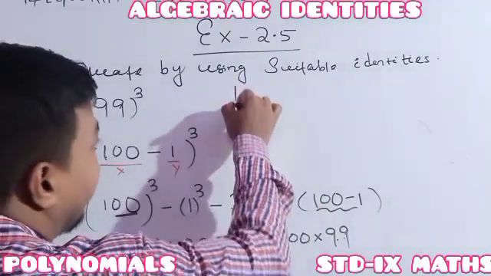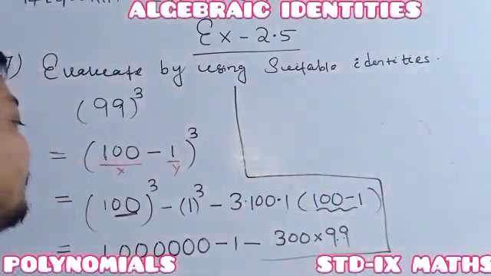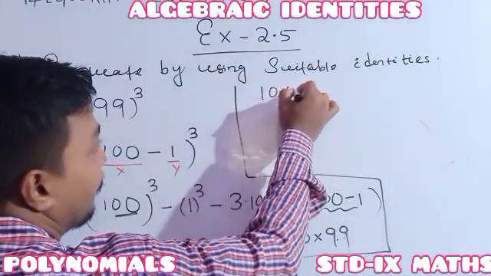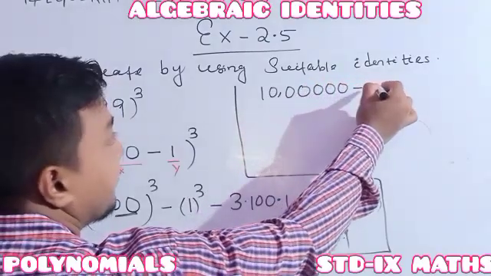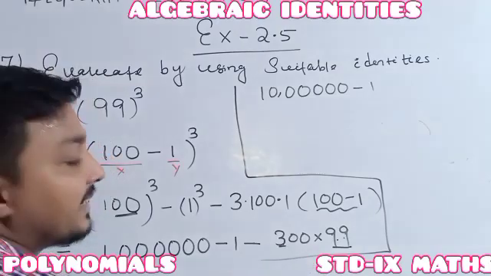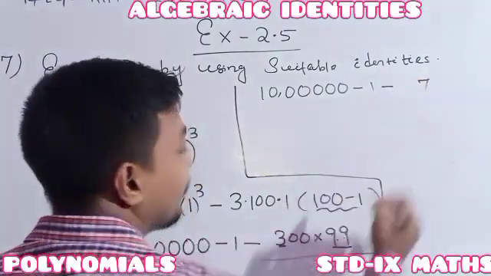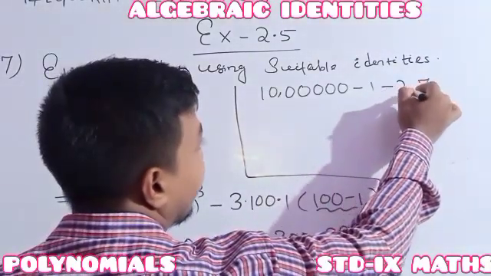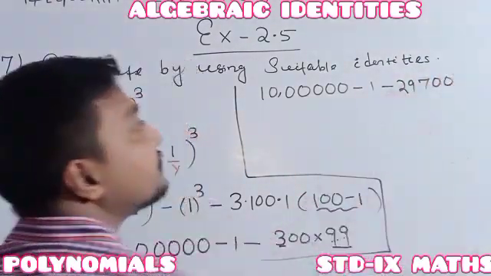Here I am writing to the right side. See, here it is the same 10 lakhs I am writing, 1, 2, 3, 4, 5 minus 1. Here see, 99 into 3 is equal to 3 nines are 27, 7 and 2 carried. 3 nines are 27, 2 is 29, 2 9 7 00.